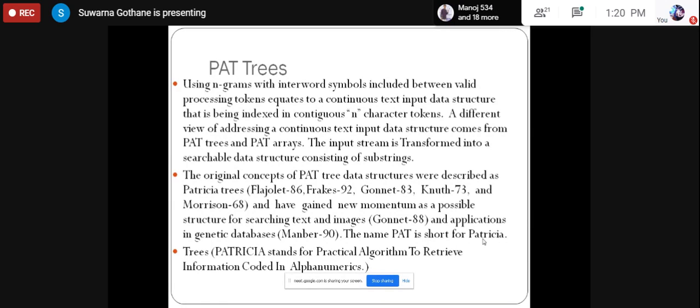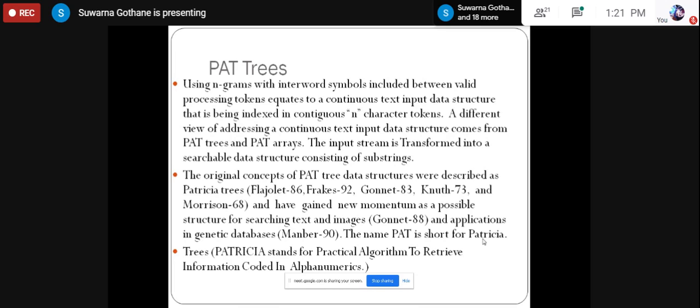PAT works for images also. PAT is called a Patricia tree. This data structure is applicable for text as well as images. It can handle textual data and also image data. So we will see what this PAT is.